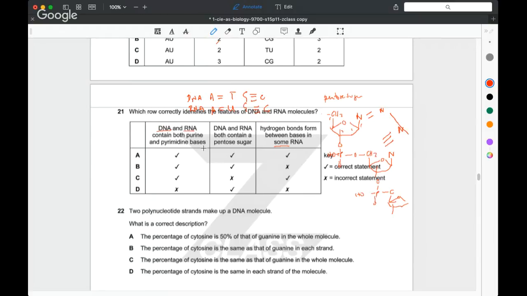Now RNA is single-stranded. Okay, so it's just a single strand of these pentose sugars joined to a phosphate group like this. And the thing you've got to watch here is that RNA is single-stranded, and you've got your messenger RNA, and you've got transport RNA. And the trick for this question is that the transport RNA is the single strand.